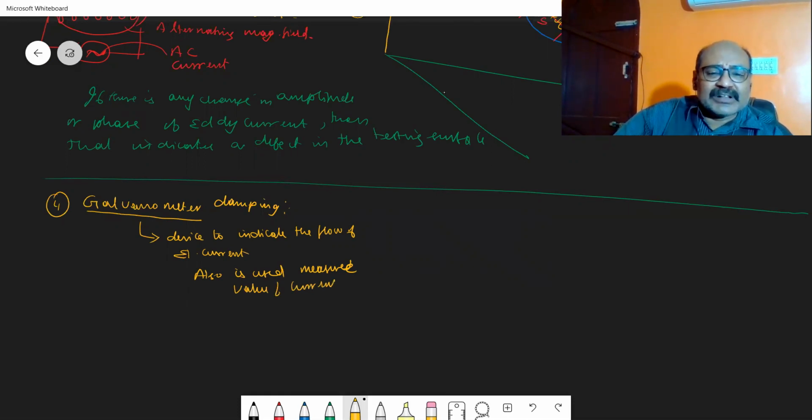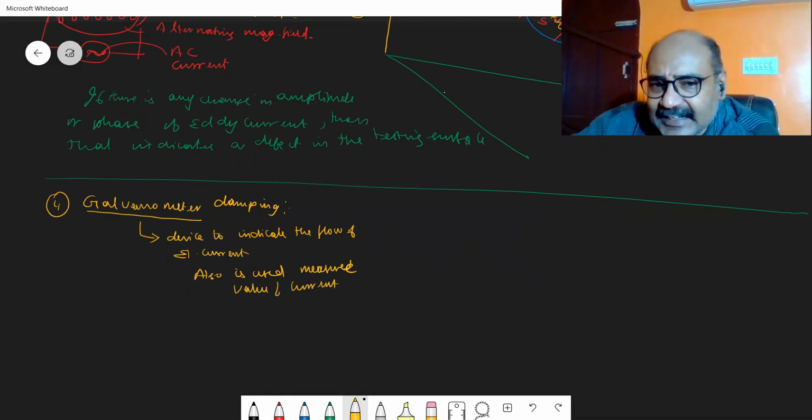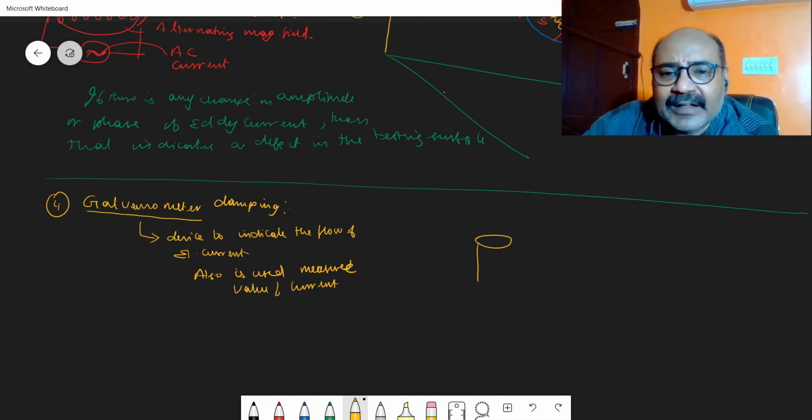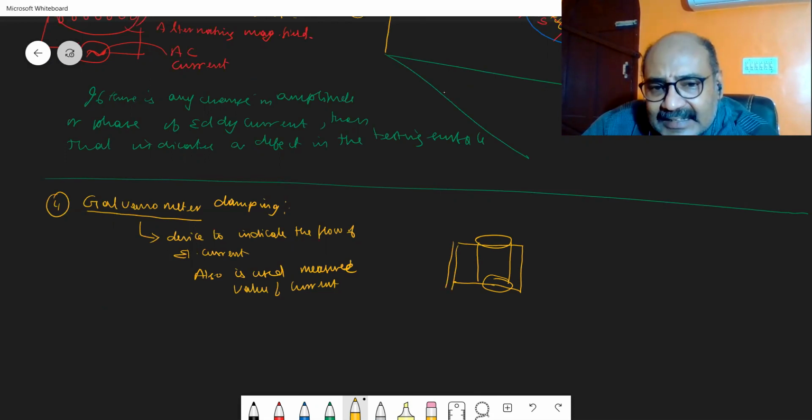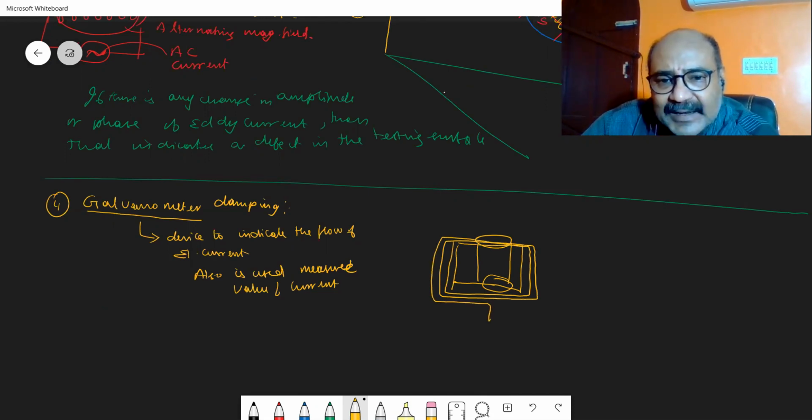In order to measure the value of current, the galvanometer has a cylinder inside, over which you have a rectangular frame. In this rectangular frame, thin insulated wires are wound, and they are suspended from one side from a support and on the other side connected to a spring.